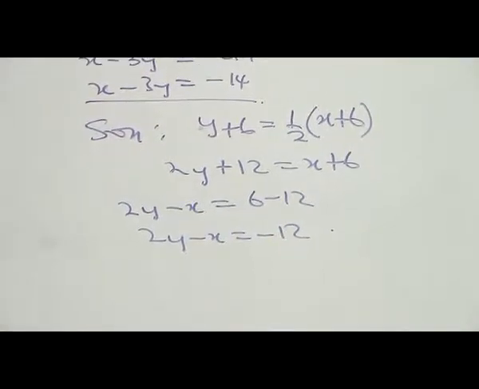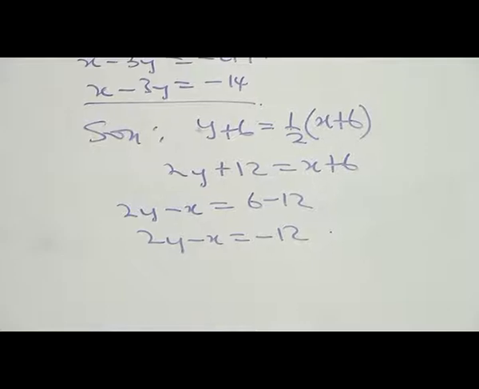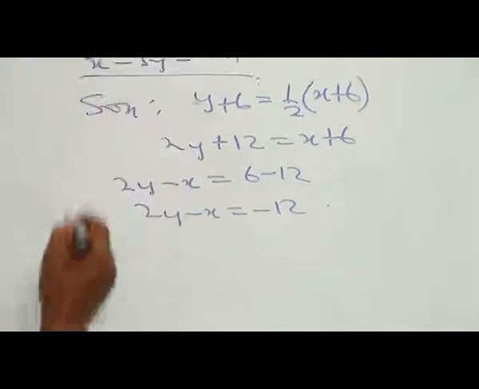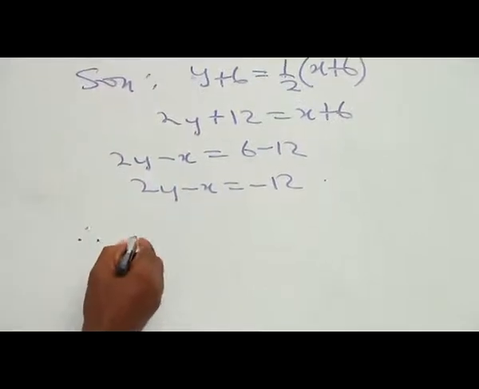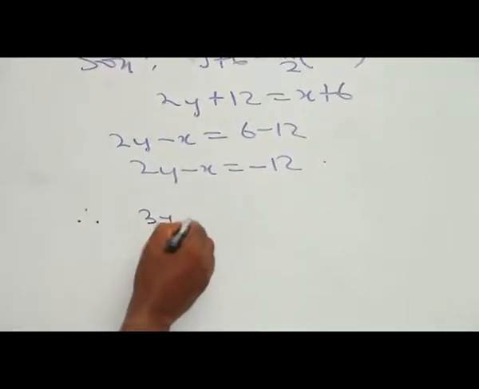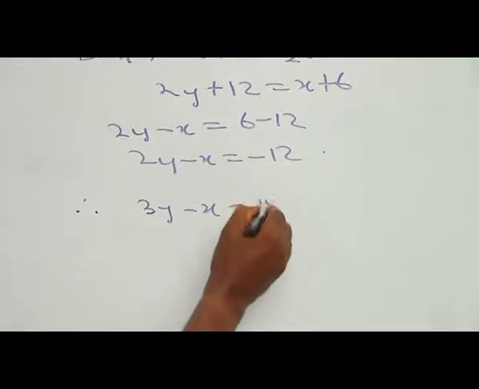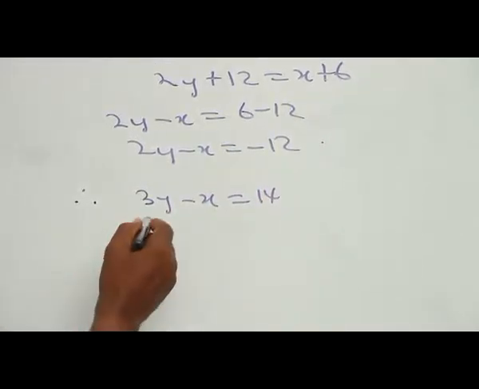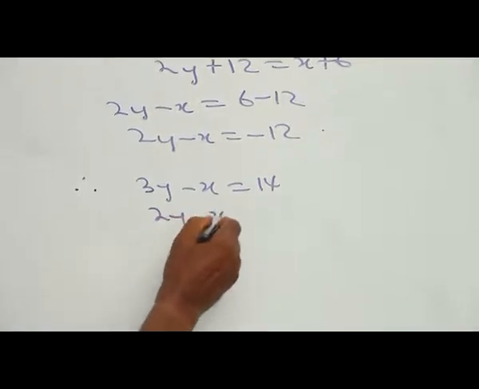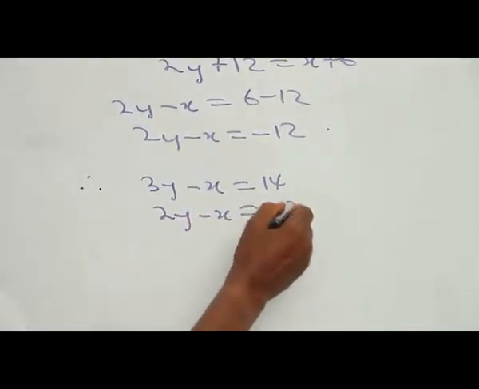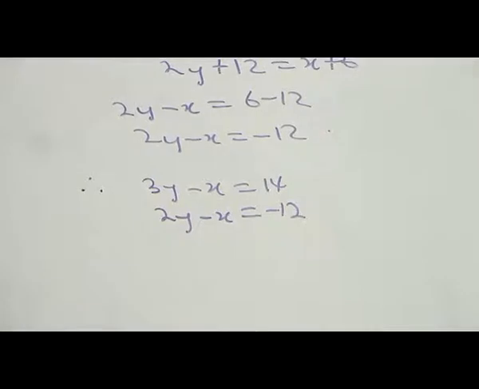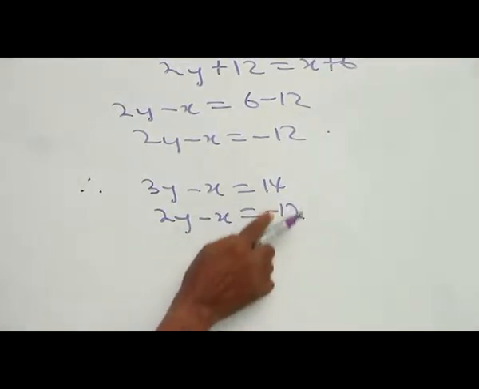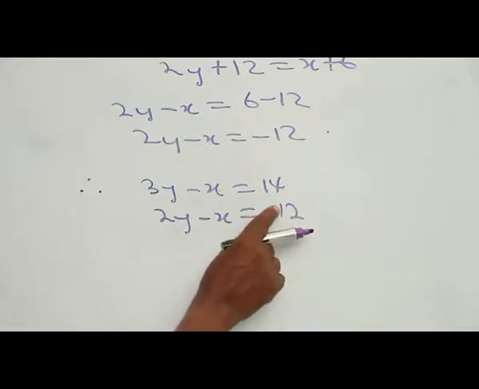Okay, so with this, we are ready now to write down the final solution. So therefore, for the first case, we can have this as 3y minus s is equal to 14. I multiply through that equation by minus. Then we also have 2y minus s is equal to minus 12. We can have it this way, and the results are correct. But because I want to make this side positive, I can rewrite this one.